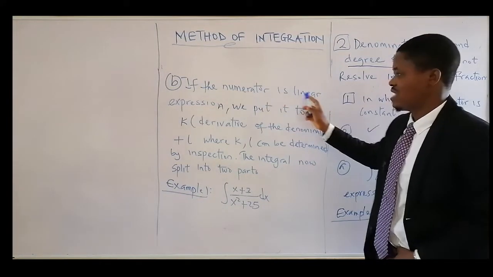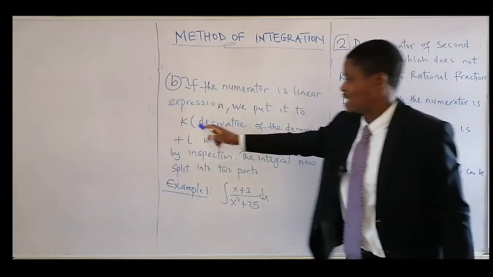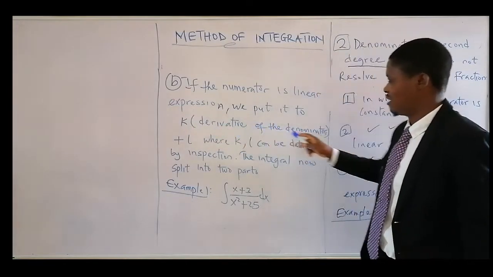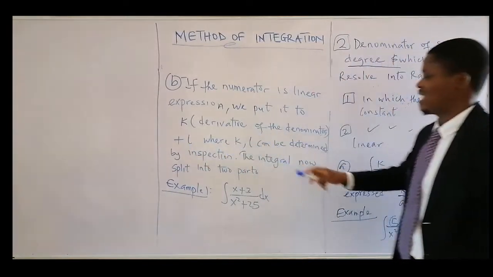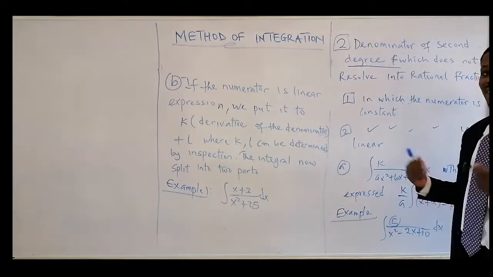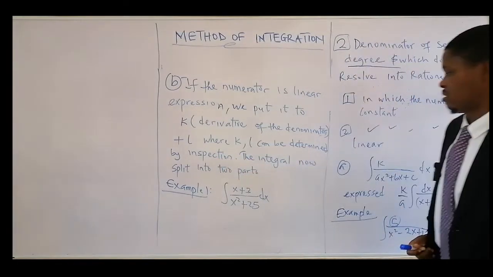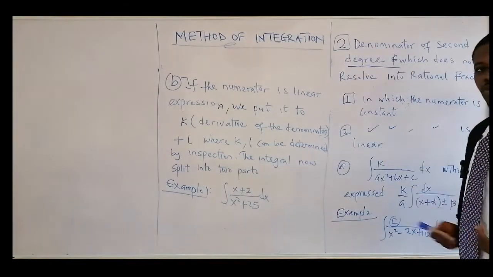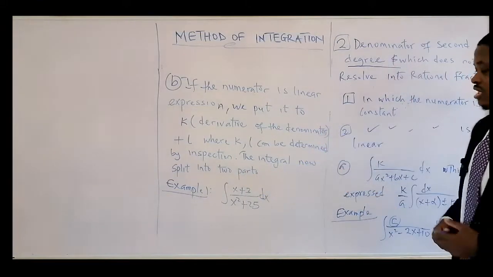If the numerator is a linear expression, we put it to k times the derivative of the denominator plus L, where k and L can be determined by inspection. Then the integration can now be split into 2 parts.